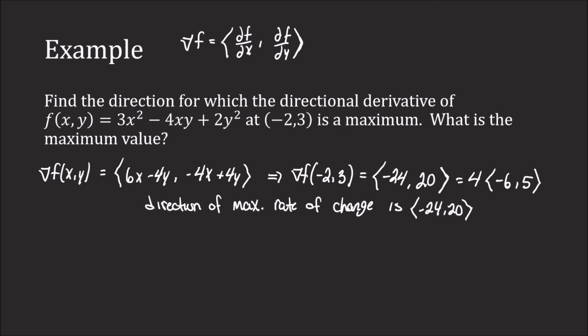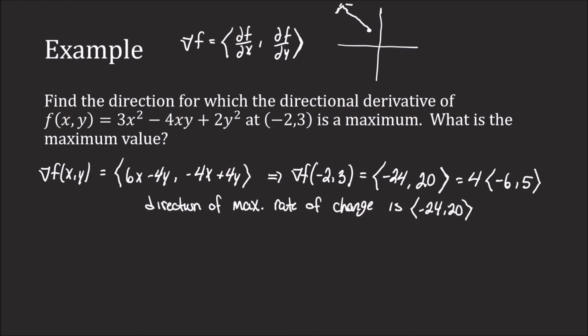Right, so if we look at our graph, we're at the point negative 2, 3, that would be somewhere here. Negative 24, 20, that's going to do something like this. All right, so that would be the direction of maximum increase.